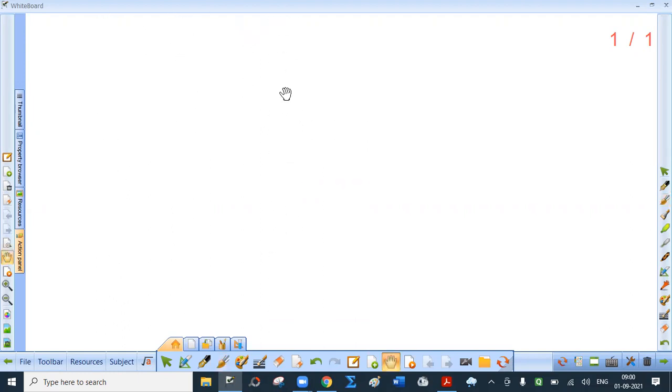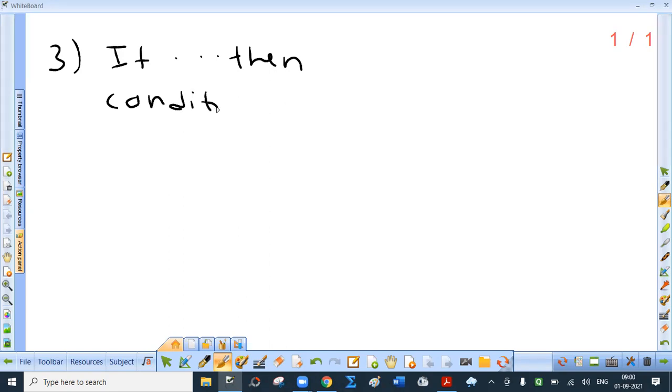Now let us discuss the third one. It is actually not a word, it's a phrase. It is called if then, and the compound statement form will be called conditional or implication.